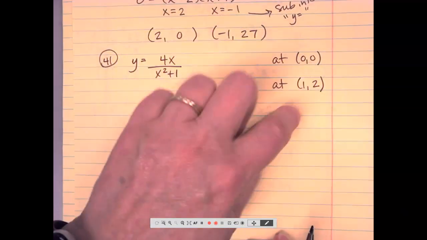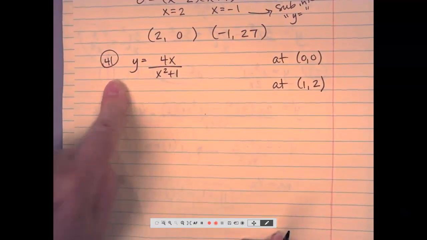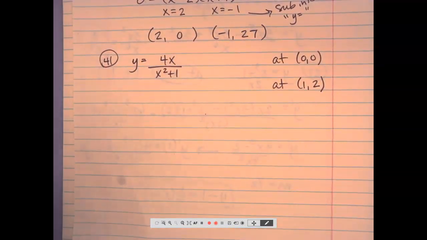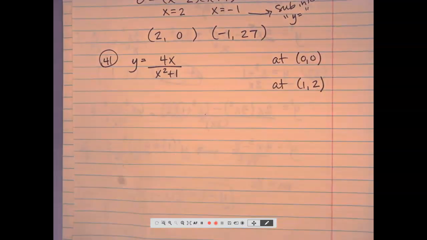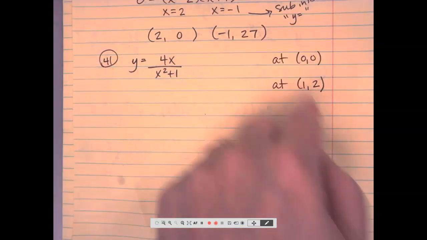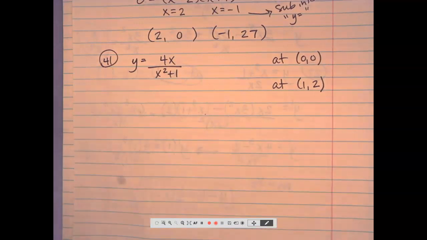Okay, so these are 2 points that are on this function. I just want to figure out what the tangent line is at those points. How am I going to do that? To write the equation of a tangent, what do I need? Slope and a point. I have the points. I must find the slope to go with each one of those because they might not be the same. They might, but probably not.